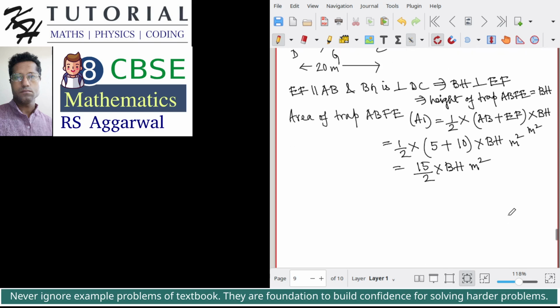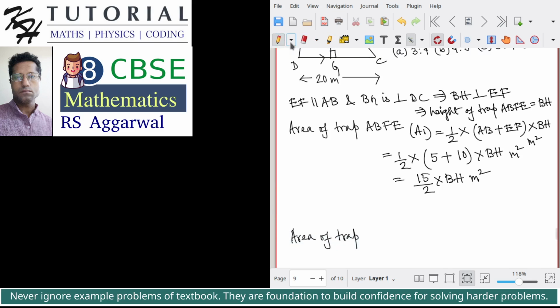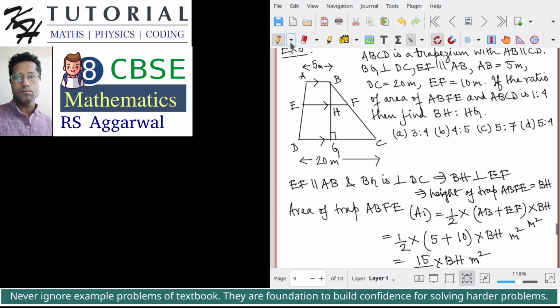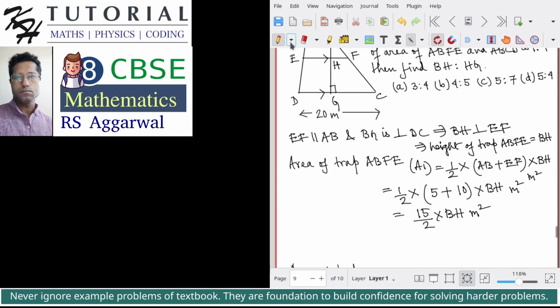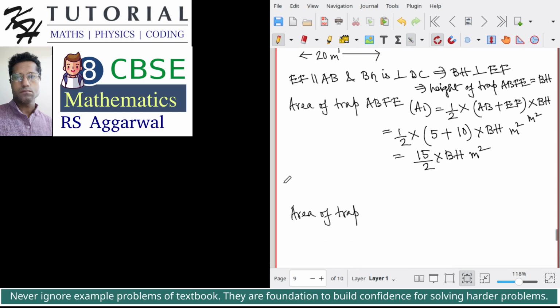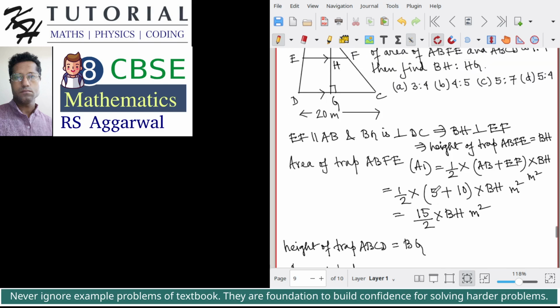Okay. Now what is the area of trapezium ABCD? But before that, let us find what is the altitude of the trapezium ABCD. So the altitude, the height of trapezium ABCD is clearly BG, because BG has been drawn perpendicular to DC.